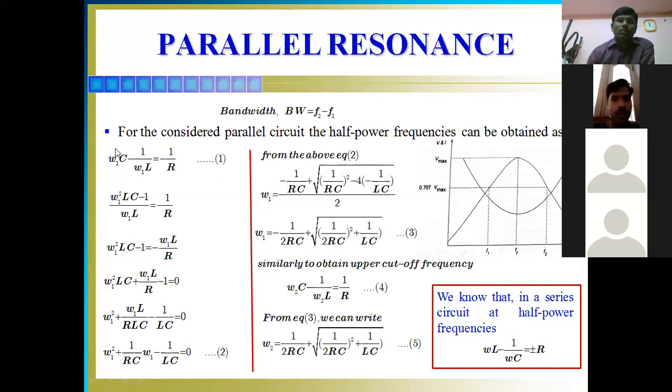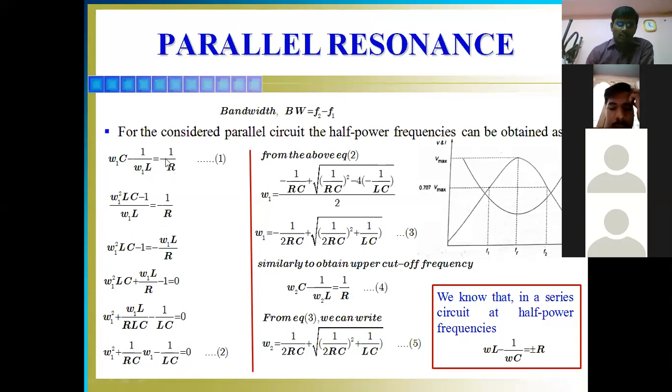At lower cutoff frequency, we can write omega 1 C minus 1 by omega 1 L equal to 1 by R, minus 1 by R.